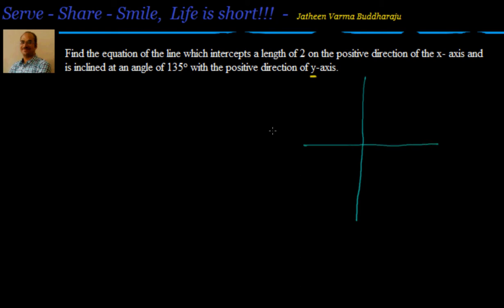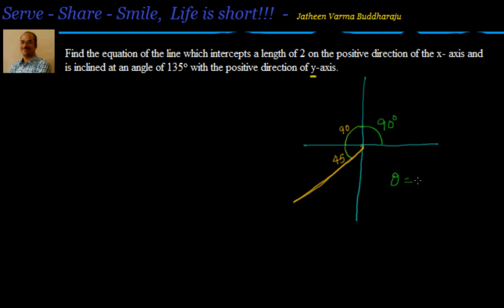Now, with the positive direction of y-axis, making an angle of 135. So start from here, 90 is here, I have to go to 135, that means I have to go to half of the third quadrant. So this angle is 45, this is 90, and we know that the first quadrant angle is 90 degrees.